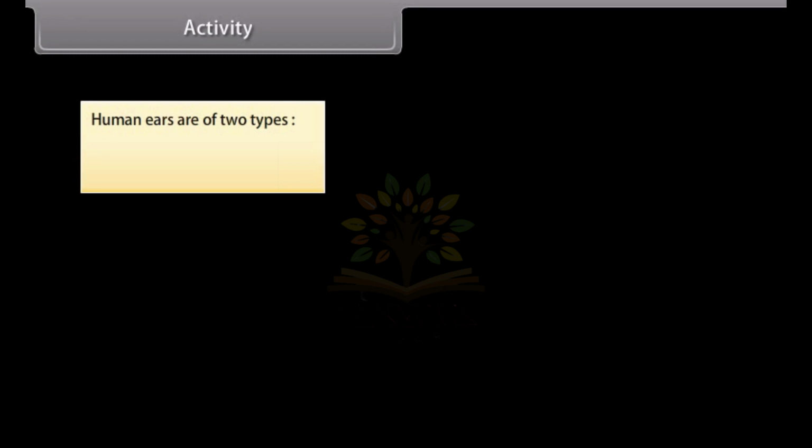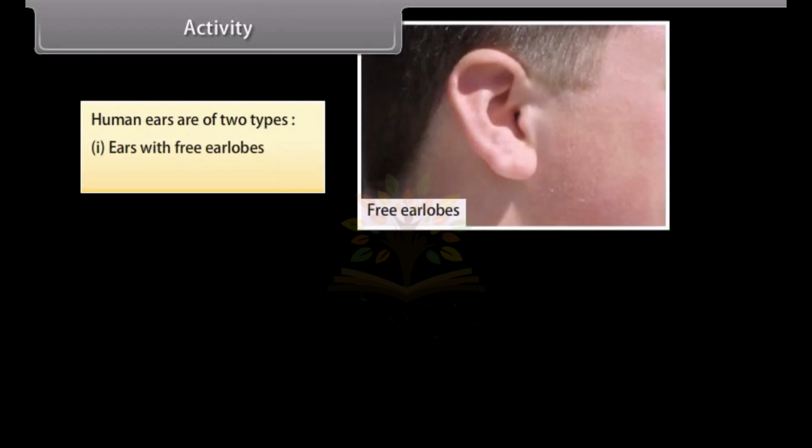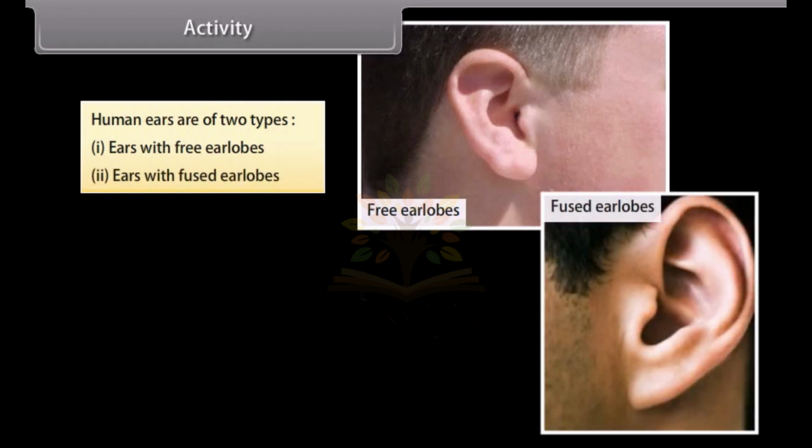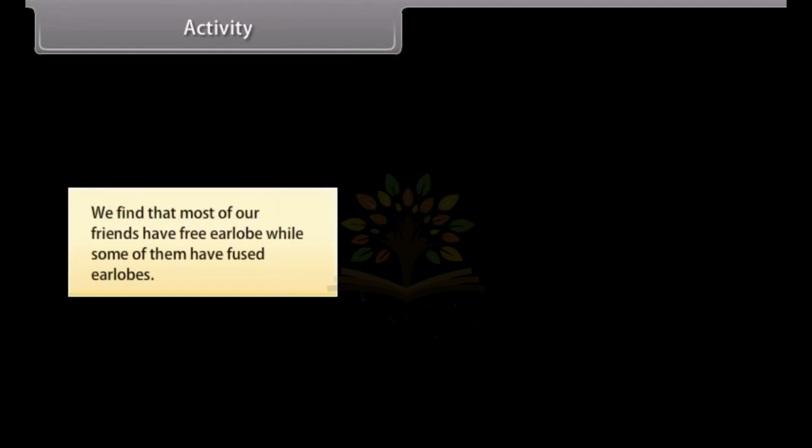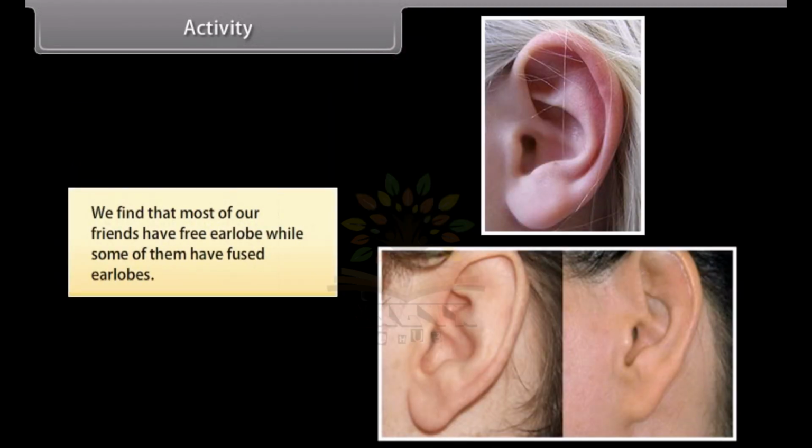Human ears are of two types: ears with free earlobes, ears with fused earlobes. We can understand the process of inheritance more clearly by observing ears of all the students in the classroom. We find that most of our friends have free earlobe, while some of them have fused earlobes.